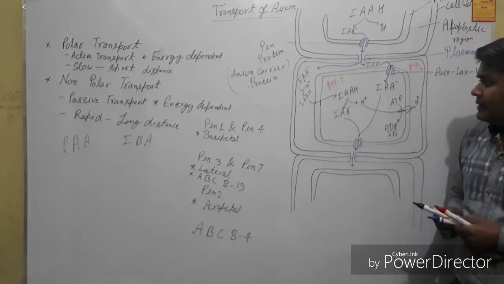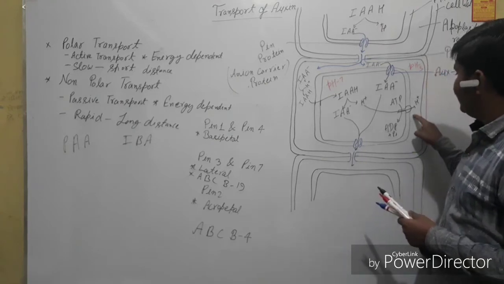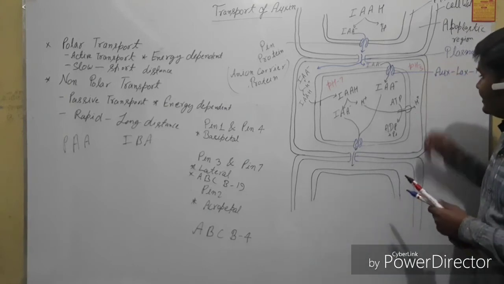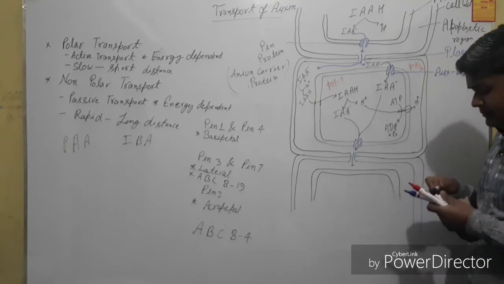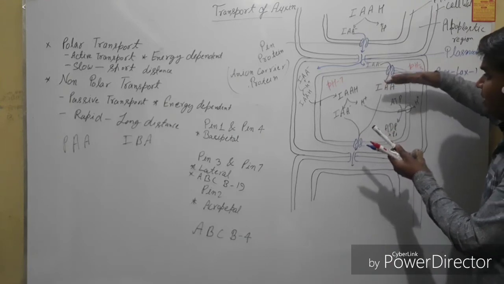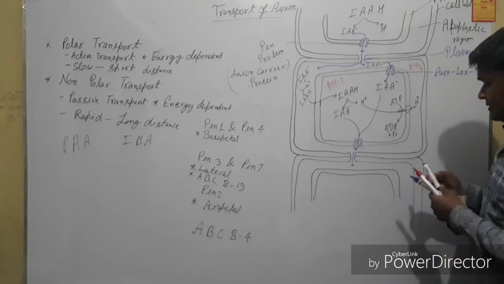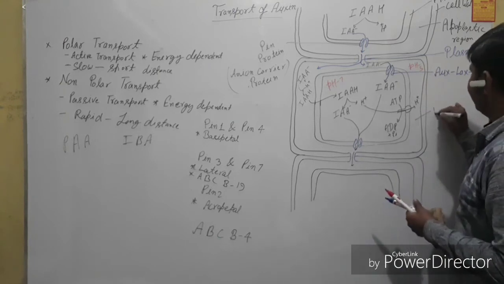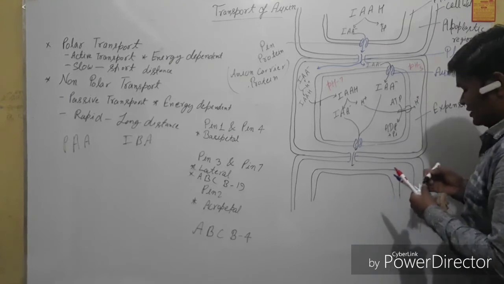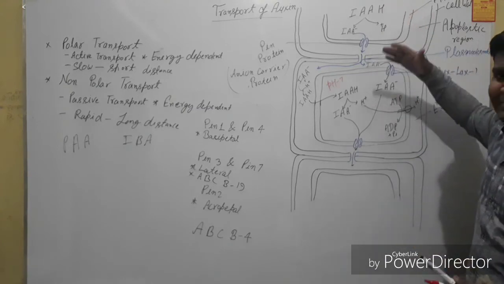Okay. Now here hydrogen ion is present, which helps in the expansion of the cell, because one of the proteins present here is known as expansin, which helps in the expansion of the cell.